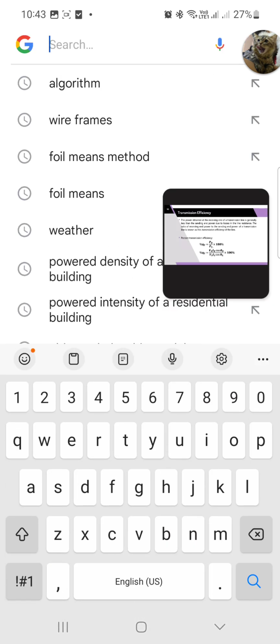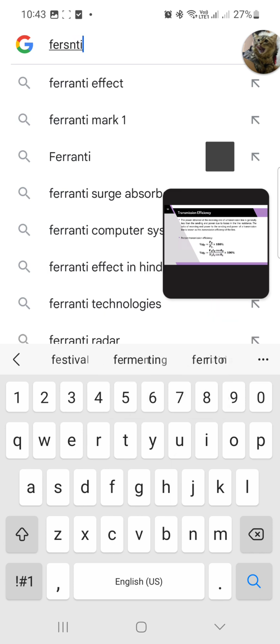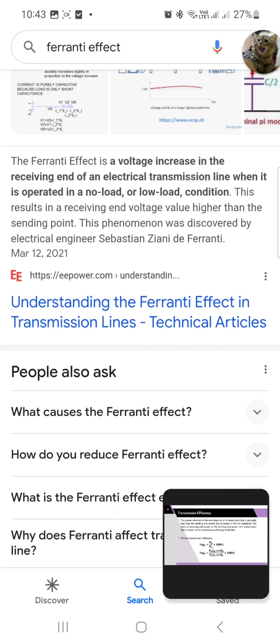The Ferranti effect is when the receiving end voltage is larger than the sending end. That usually happens when you have a lightly loaded transmission line or an open circuit transmission line, meaning no load. Zero load, nothing is connected to the transmission line.